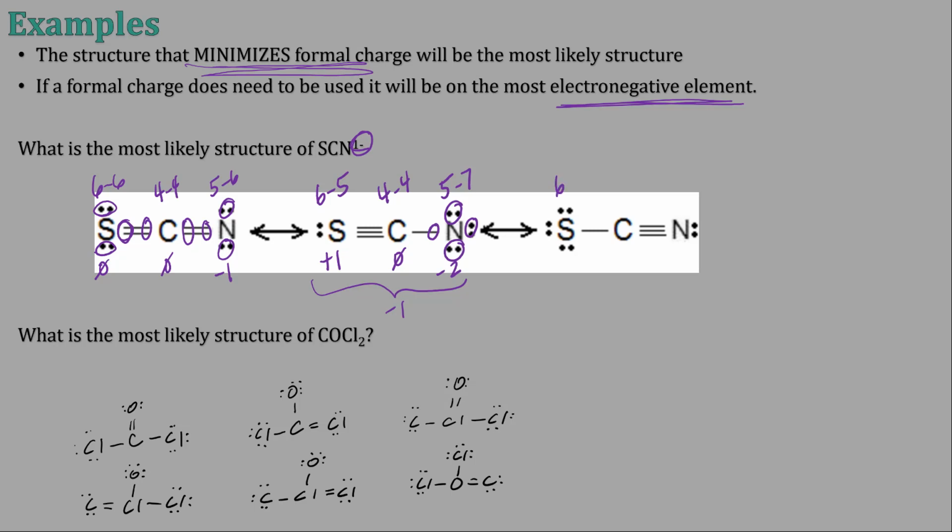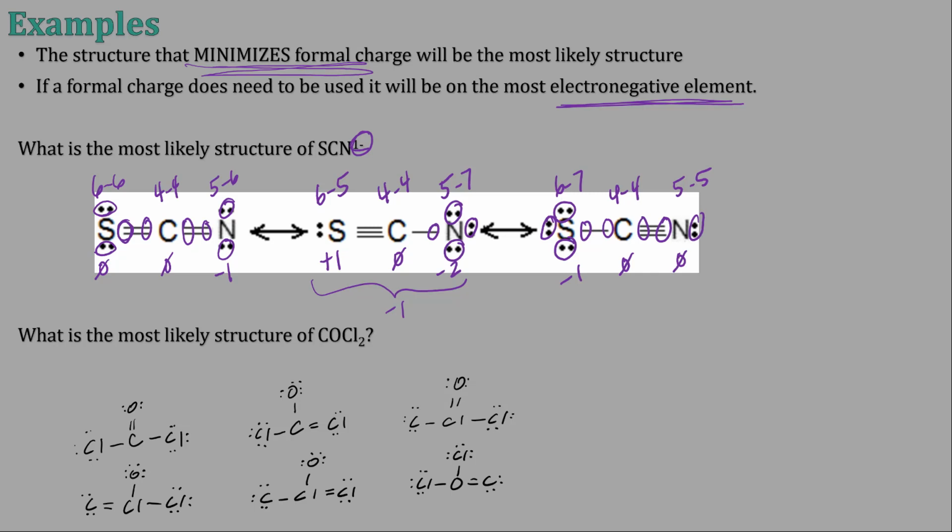Okay, and so 6 for sulfur, and we've got 1, 3, 5, 7, so that's a -1. Carbon has 4, and it's assigned 4, so that's 0. And then nitrogen has 5, and it's assigned 3 here and 2 there, and so that's 5, and so that's 0.